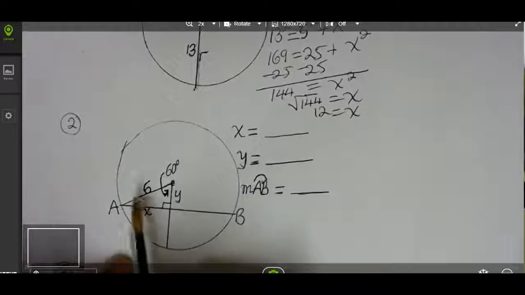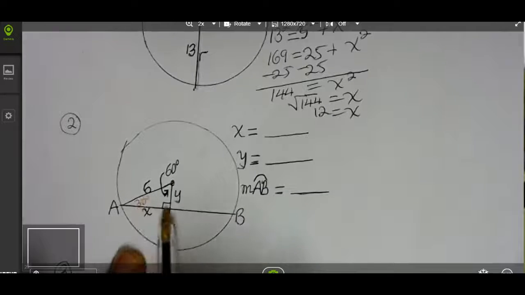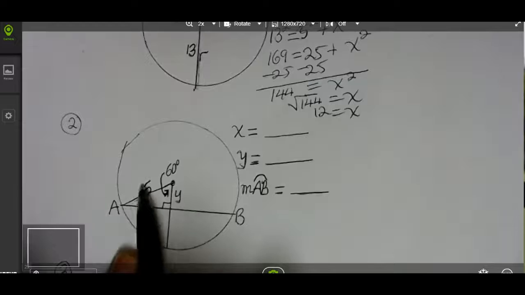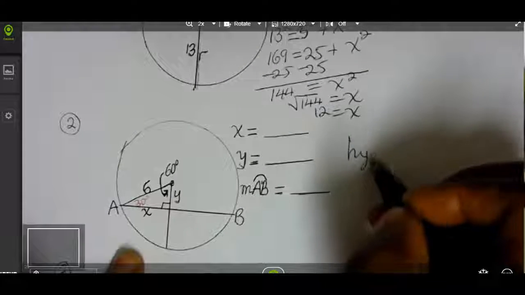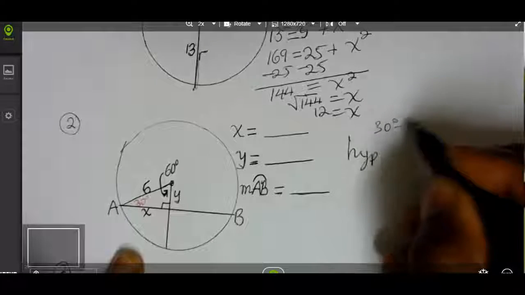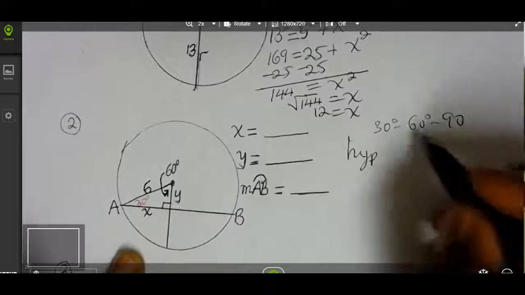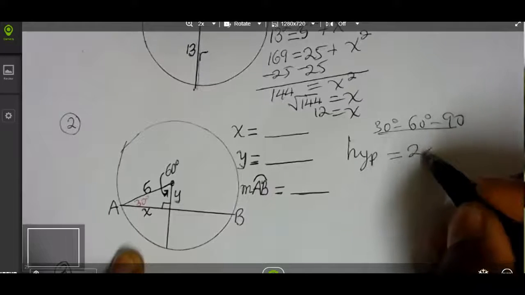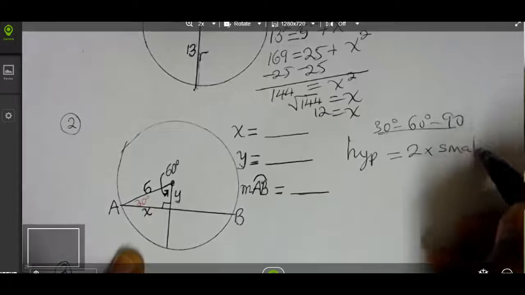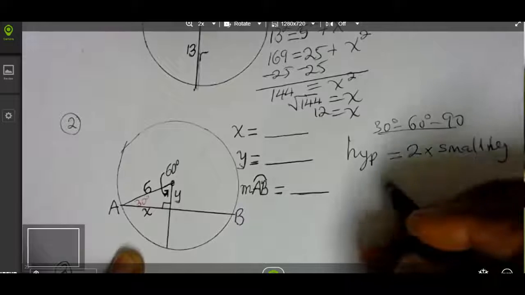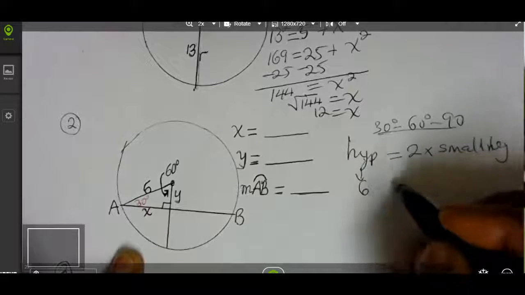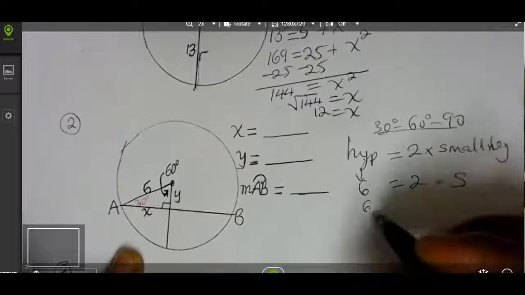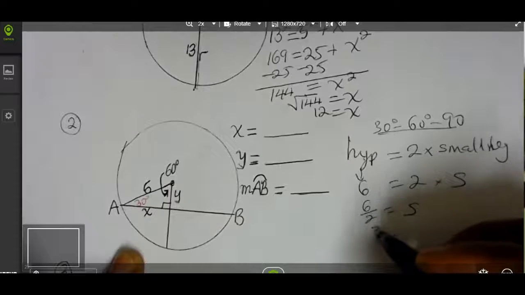If that is a special triangle and the hypotenuse is 6, remember that the hypotenuse in a 30, 60, 90 triangle is 2 times the small leg. So if the hypotenuse is 6, then the small leg is going to be 6 divided by 2, which is 3.